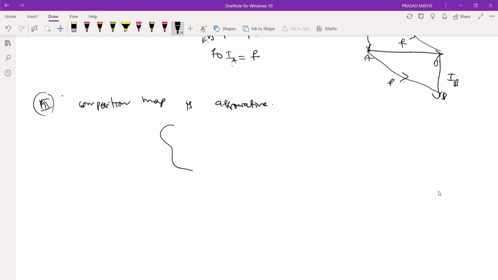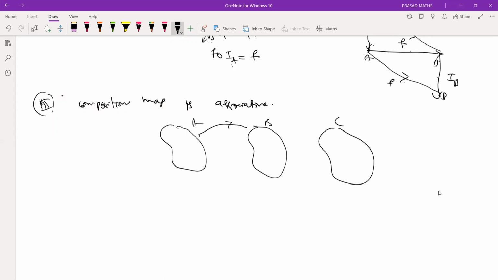That means this is my A, this is my B, this is my C. F is a function from A to B, G is a function from B to C. This is my H, suppose this is D. H is a function from C to D. In fact, composition is well defined.